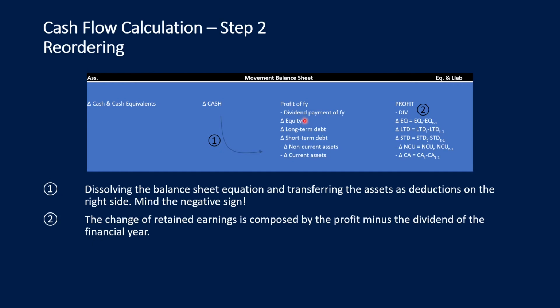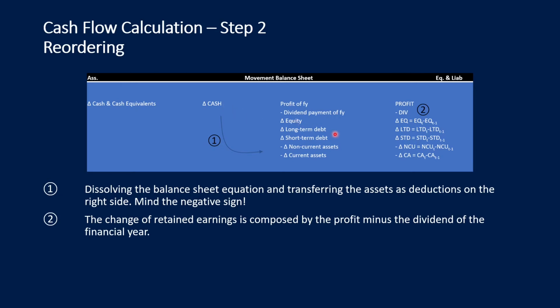So the change in equity would determine the change in cash. A change in long-term debt, getting in new credit, would increase the cash, because if I take in a new loan, I would have an influx of cash.